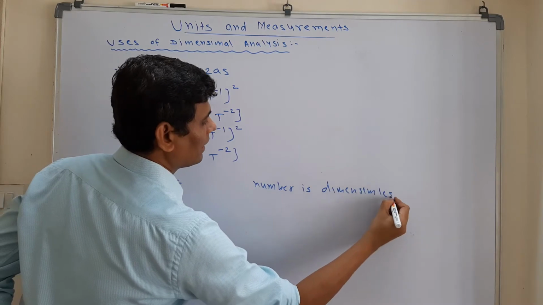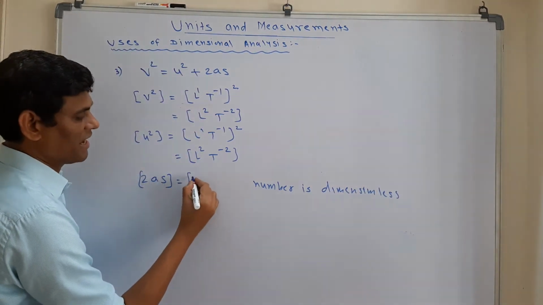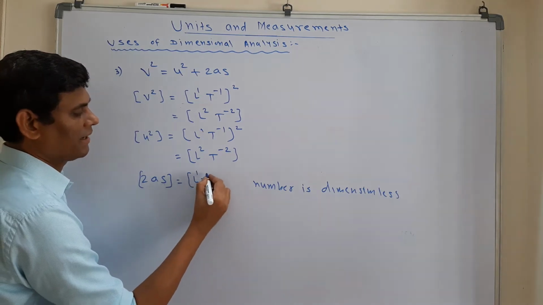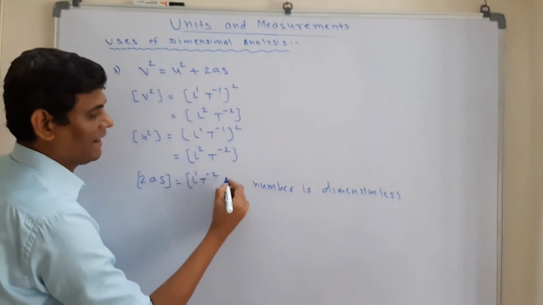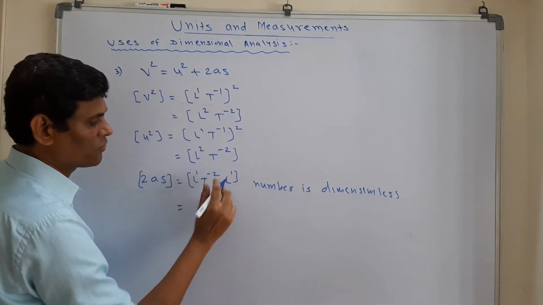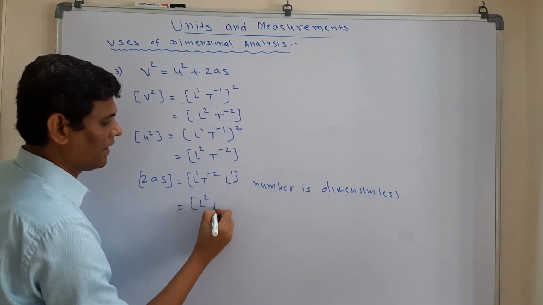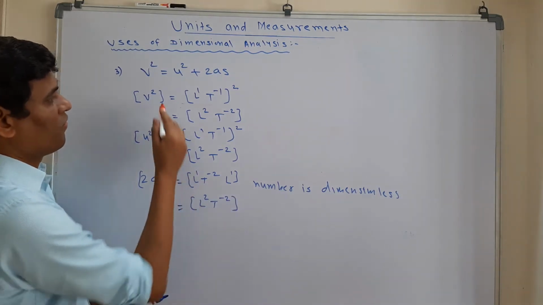So dimension of acceleration and displacement. Acceleration dimension L raised to 1 T raised to minus 2. Displacement means length, L raised to 1. So we will get L raised to 2 and T raised to minus 2.